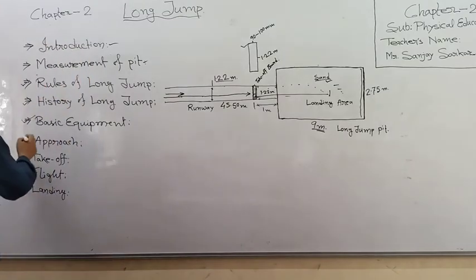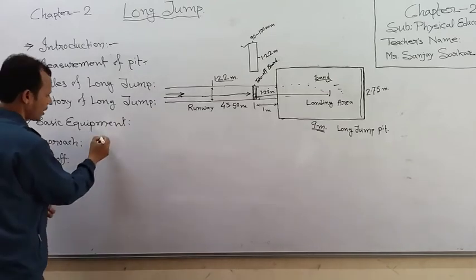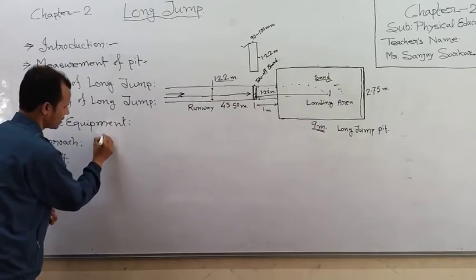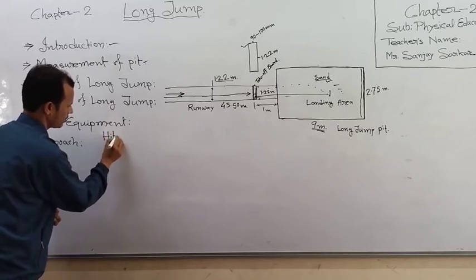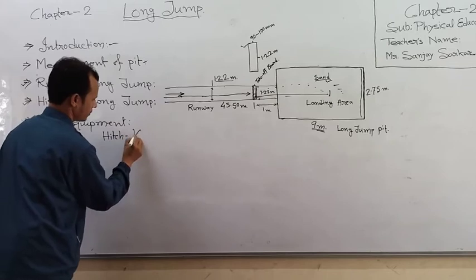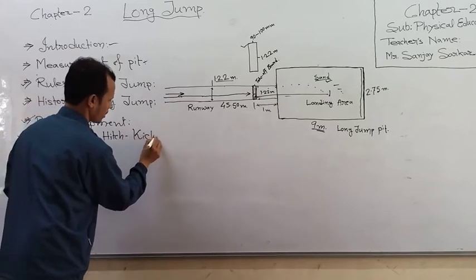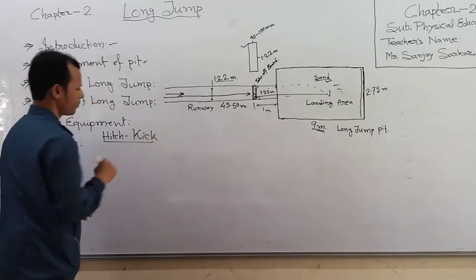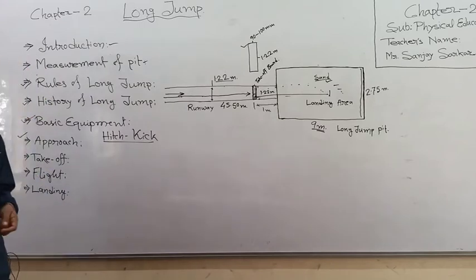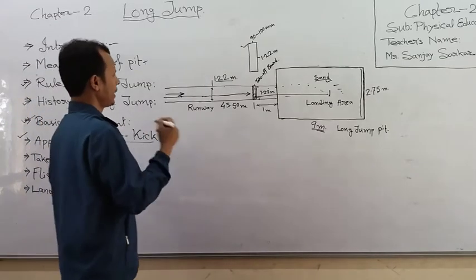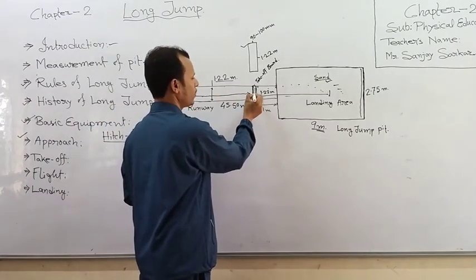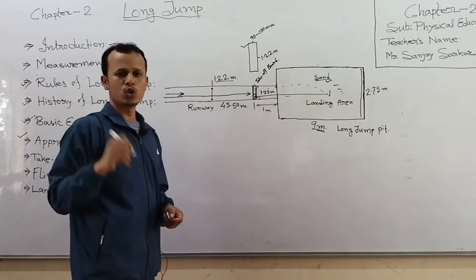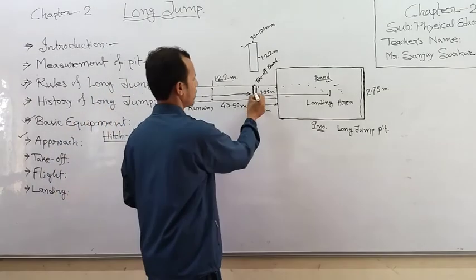Next is how to take a long jump. At first we will discuss the hitch kick or cyclic method. This is the hitch kick method, which means an athlete covers the runway, and then pushes with his strong leg on the takeoff board.